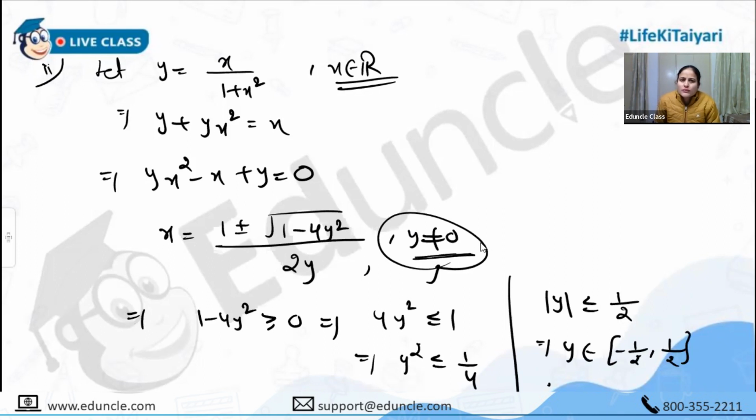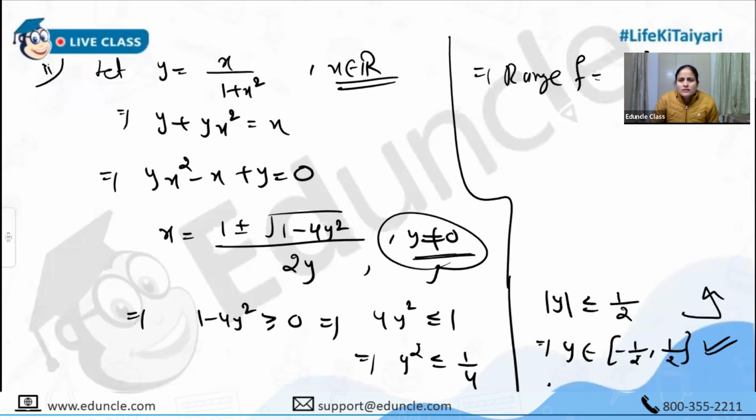At this particular point we have to check whether there is a value of x for which y is 0. Yes, x equal to 0, y equal to 0. So the values of y give you the range. Yes, Pratiksha, your answer was correct. Range of function f is the closed interval [-1/2, 1/2].